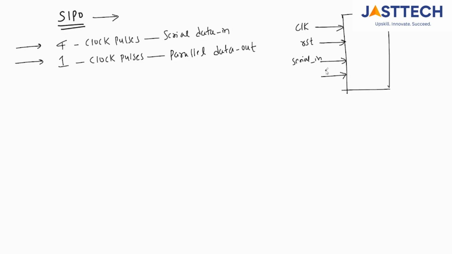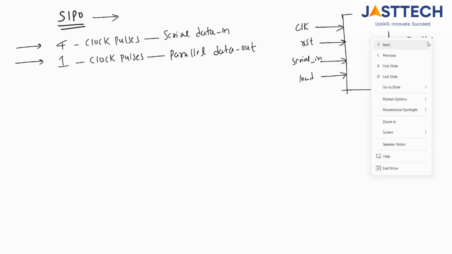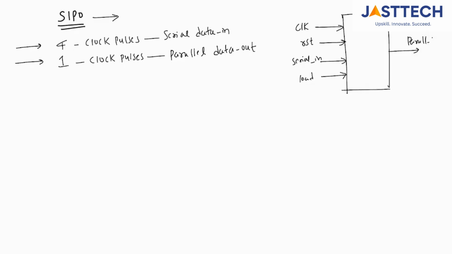When load equals 1, it will do the load operation, loading the data. And next, parallel_out.